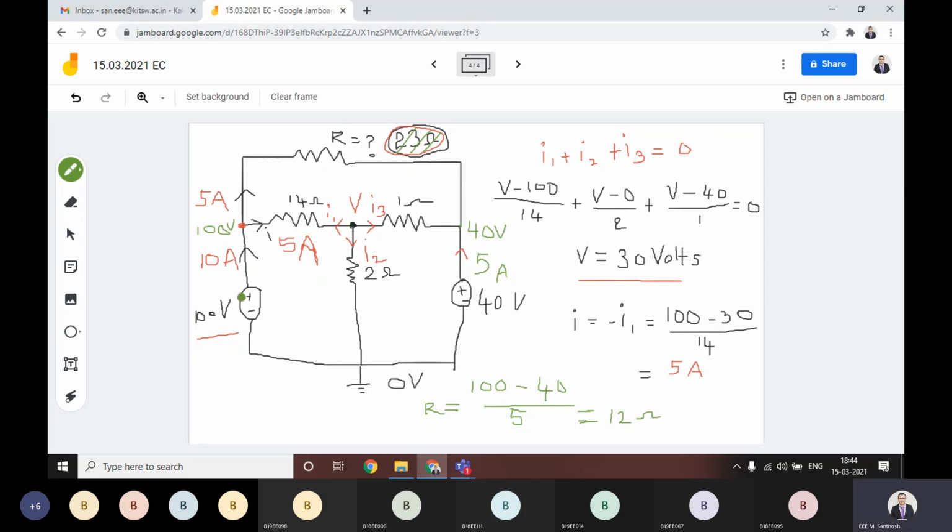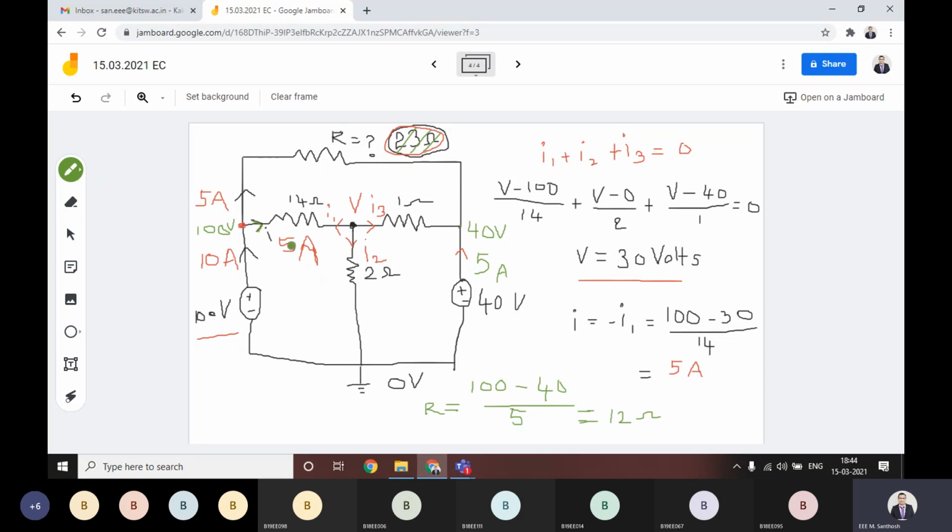Whenever you apply 100 minus V by 14, that is quite opposite to the current we calculated previously.